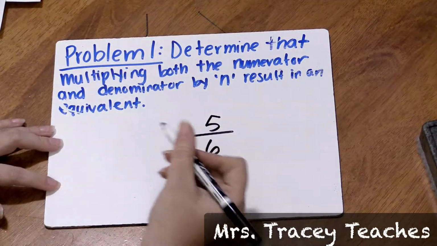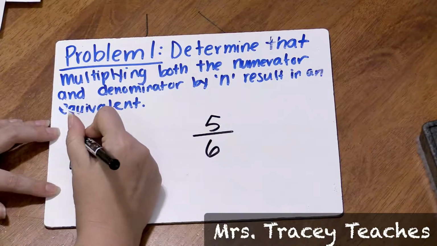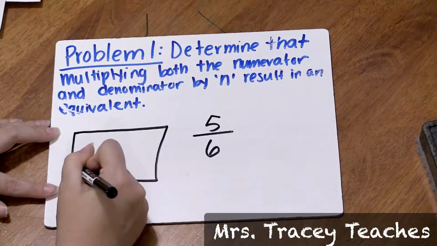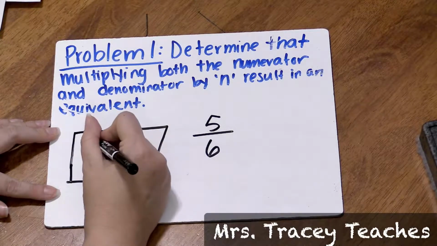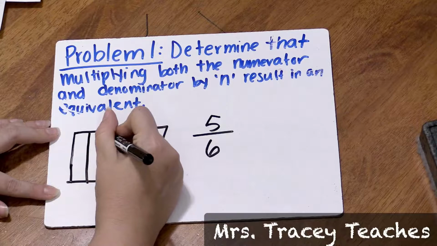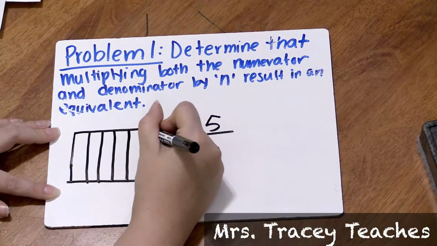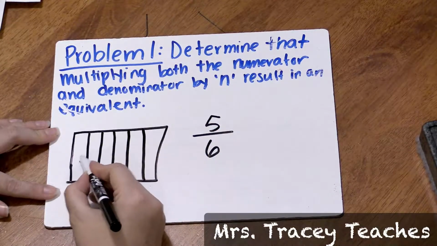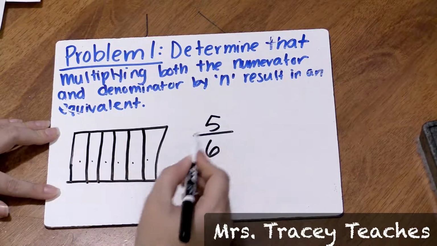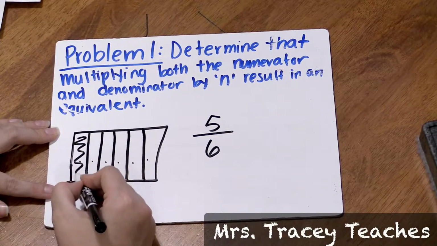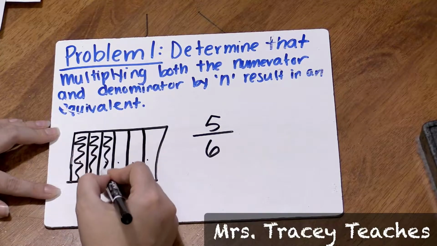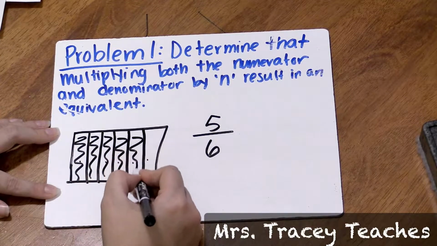So that means you should have a rectangle with 5 lines. 1, 2, 3, 4, 5 lines, but 6 spaces. So 1, 2, 3, 4, 5, 6. And we need to color in 5 of them. So 1, 2, 3, 4, 5.